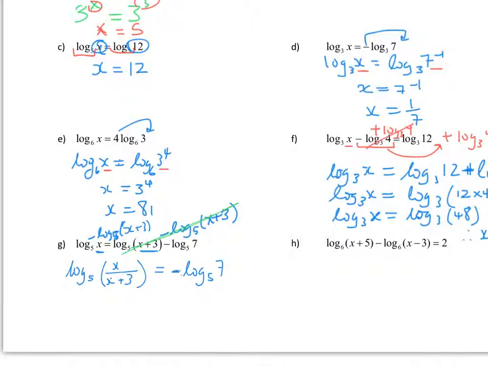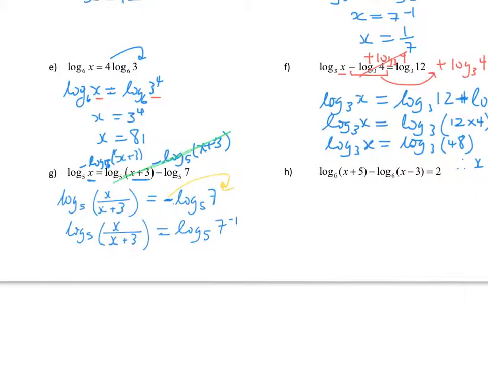So again, that negative is going to come up here, and that's going to equal the log base 5 of 7 to the negative 1. So now we've got an equation where x over x plus 3 is equal to 7 to the negative 1, and 7 to the negative 1 is just 1 over 7.